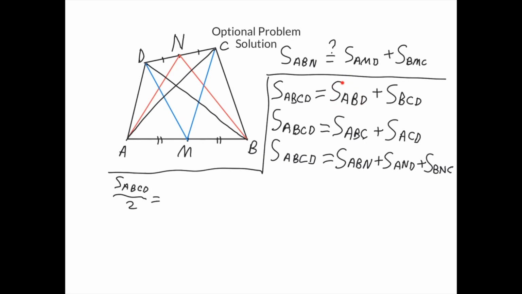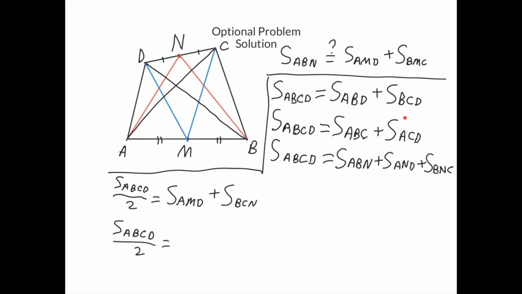The area of ABD divided by 2, see on the picture ABD, this is exactly the area of AMD, because the area of AMD equals the area of MBD, because of the median here in this triangle. And then half of the area of triangle BCD, see it on the picture here, BCD, equals the area of triangle BCN, again because of the median here.